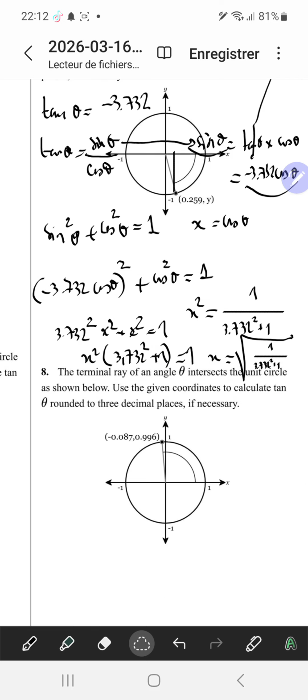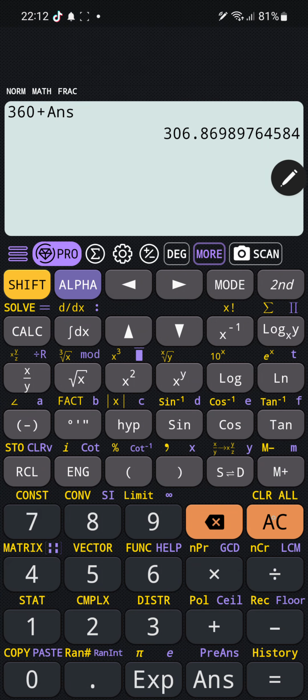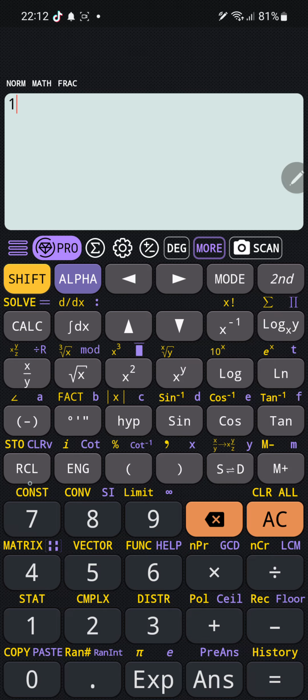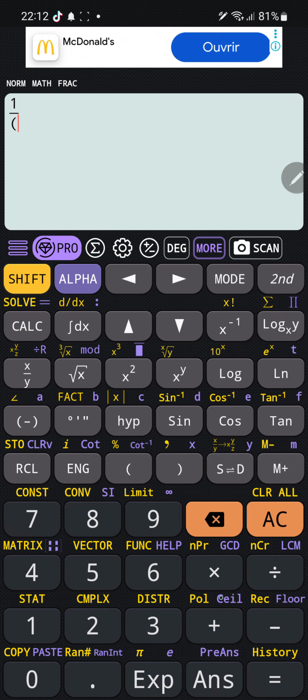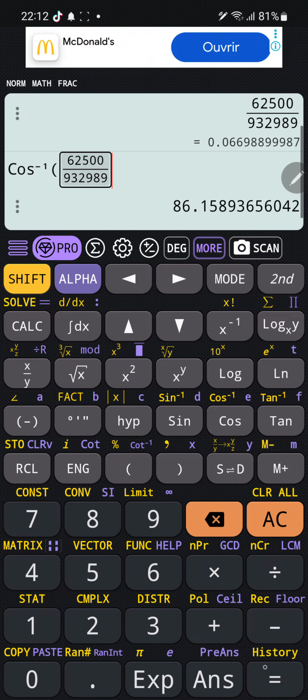Okay, so here if you do the calculation, we'll have 1 over, between parentheses, 3.732 squared plus 1. So it's this answer. And then we do cosinus minus 1 of the answer.